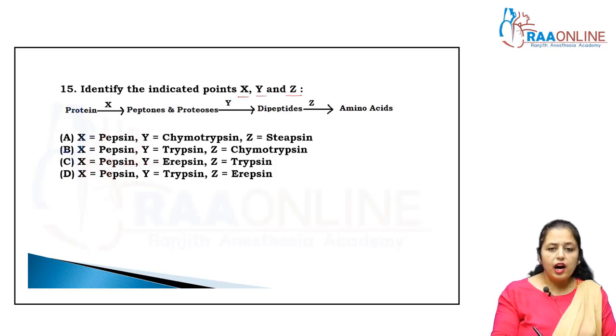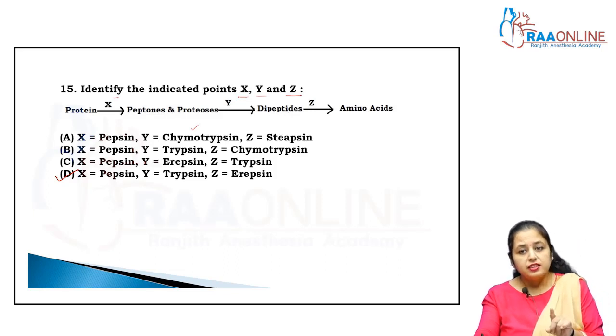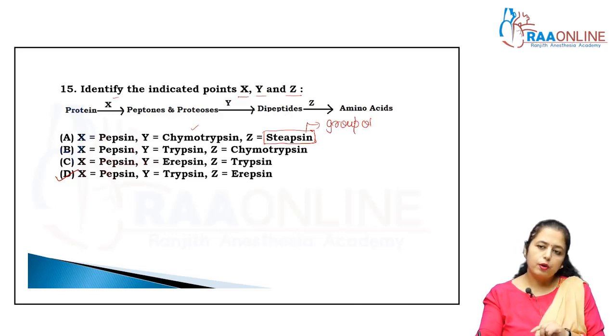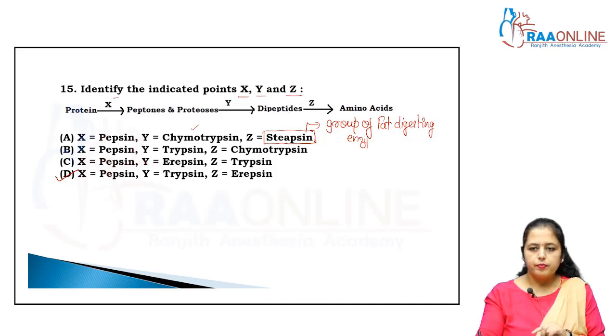So the answer is D. We can take chymotrypsin also, but for dipeptides into amino acids, steapsin is not correct, because steapsin is the group of fat digesting enzymes.